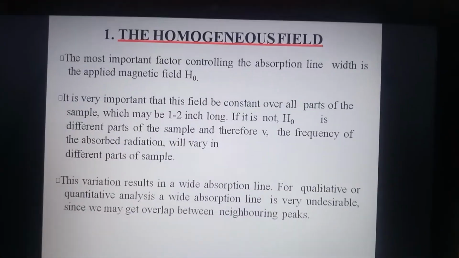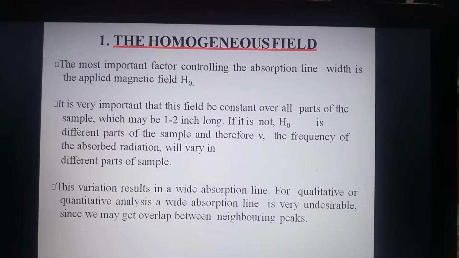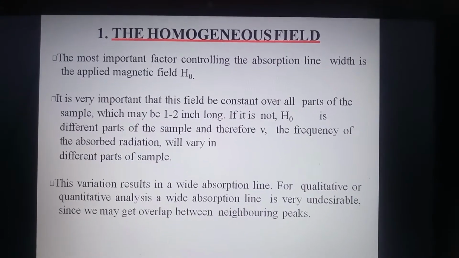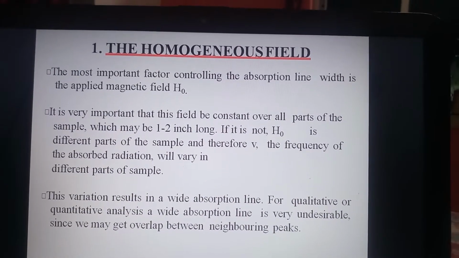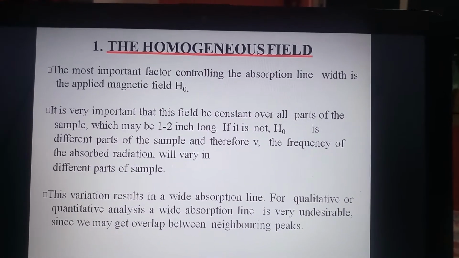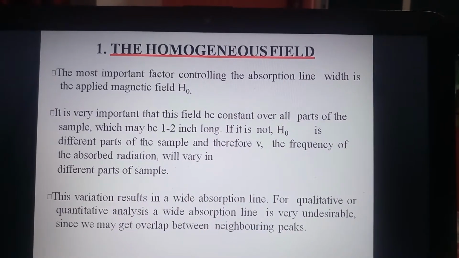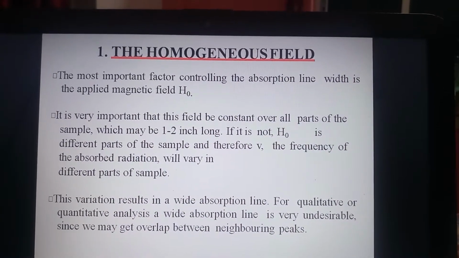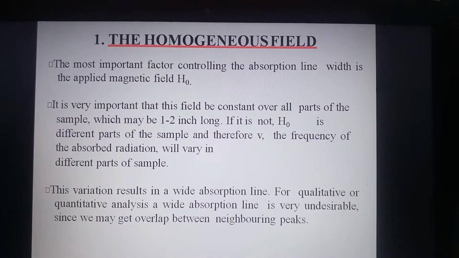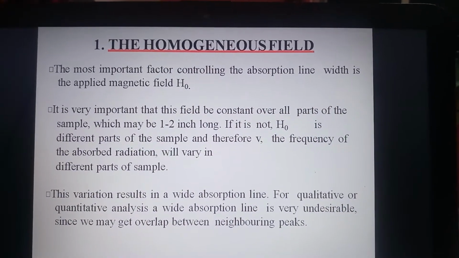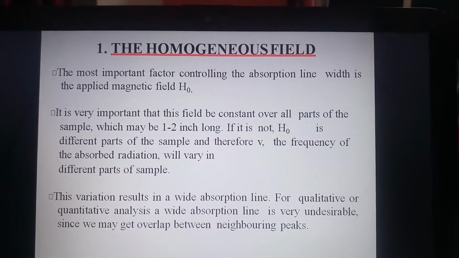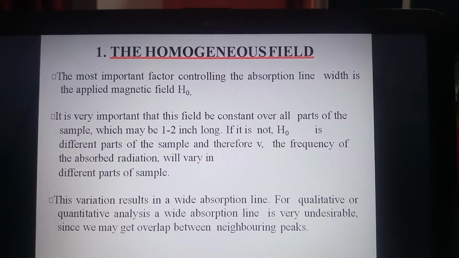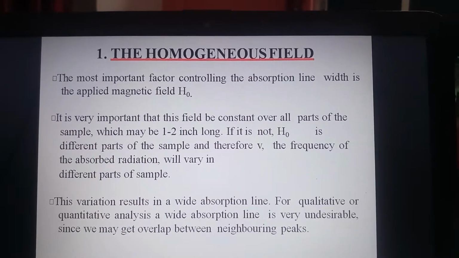First of all, the homogeneous field. The most important factor controlling the absorption line width is the applied magnetic field H0. It is very important that this field be constant over all parts of the sample, which may be 1 to 2 inches long.